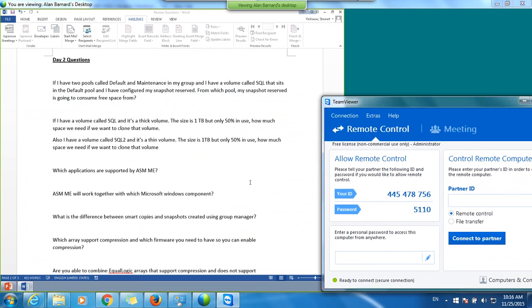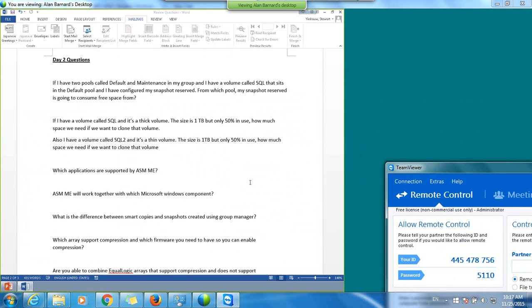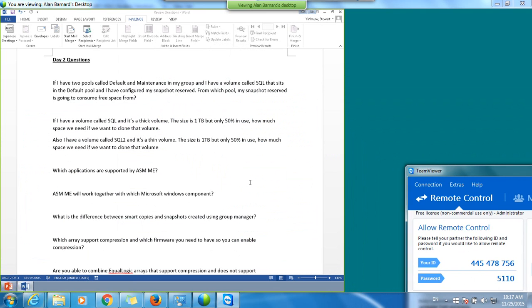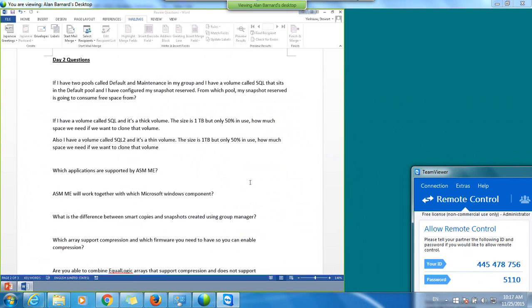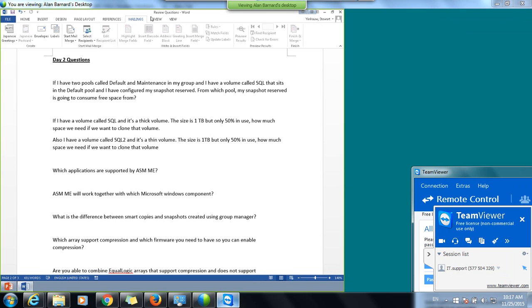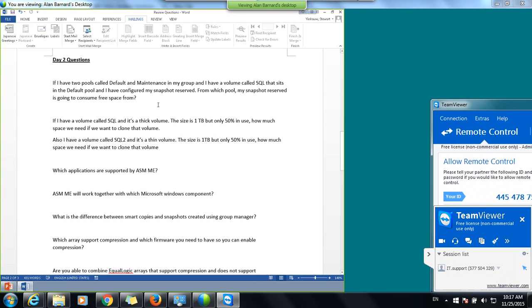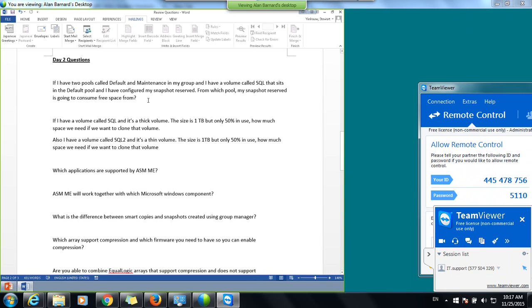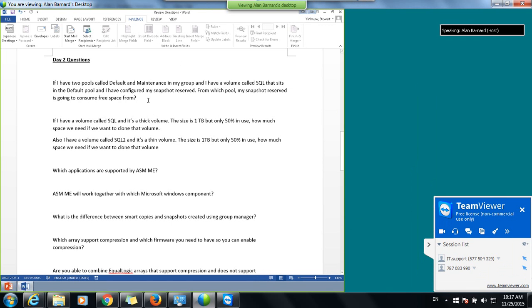From which pool is my snapshot reserve going to consume free space? Default.